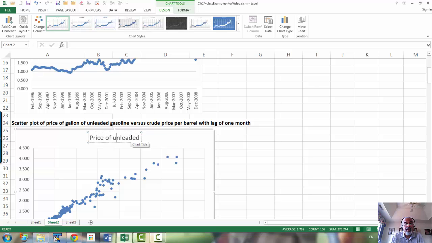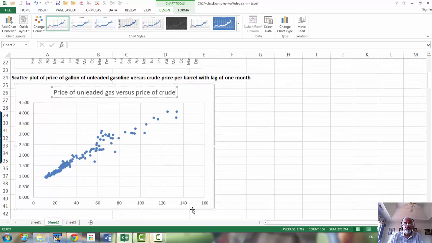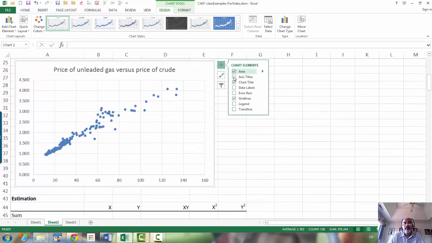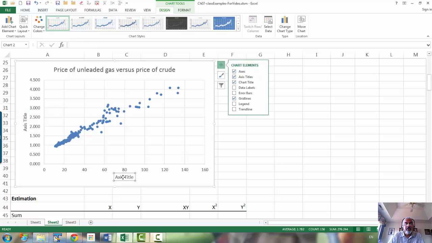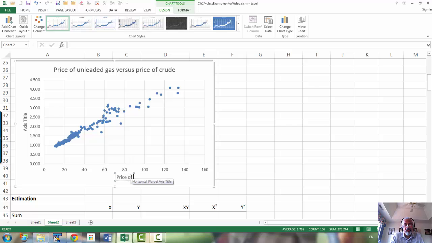Let's move it down here, and this is our scatter plot of the price of unleaded gas versus the price of crude. The x-axis is the crude price per barrel, 1 month prior, and the y-axis is the price of gasoline per gallon.